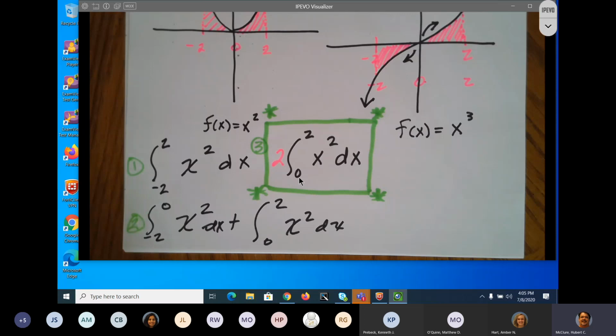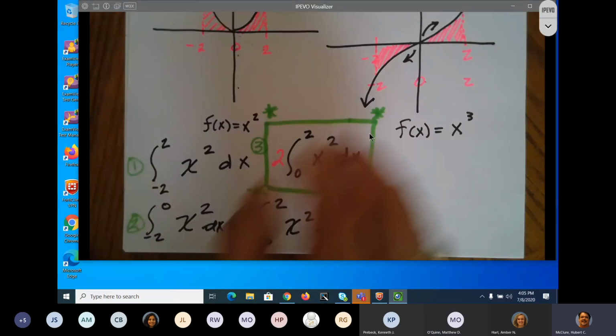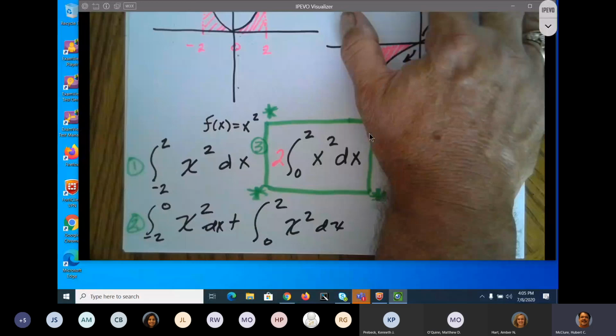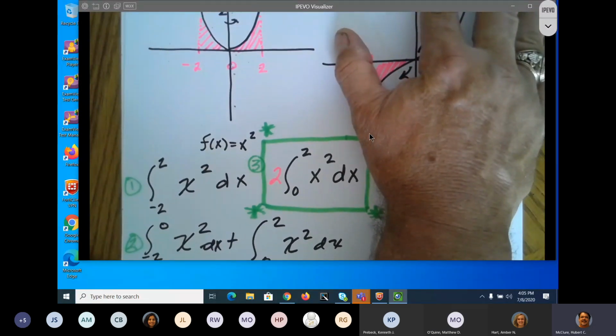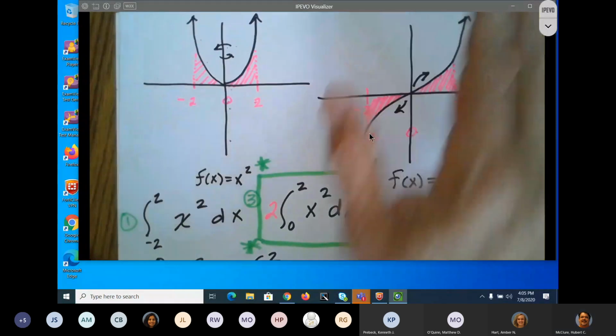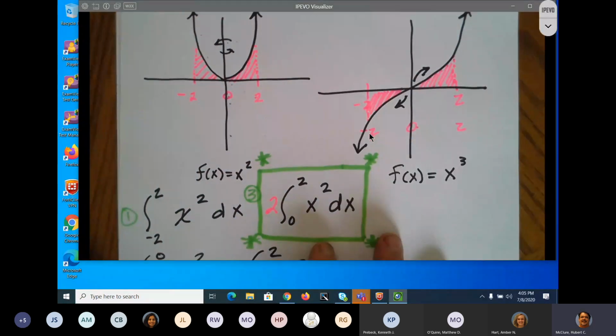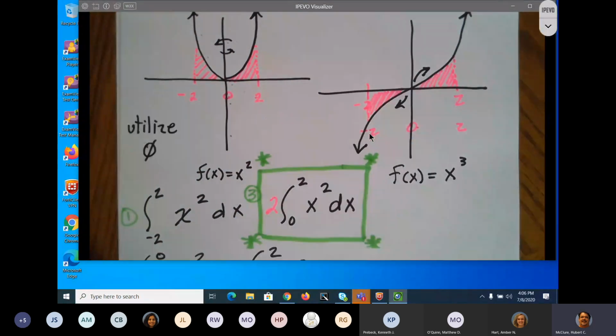What is 0 squared? 0. When you are dealing with definite integrals, always try to utilize 0, because 0 will cancel most all functions out, unless you got like a +1 or something added to it.